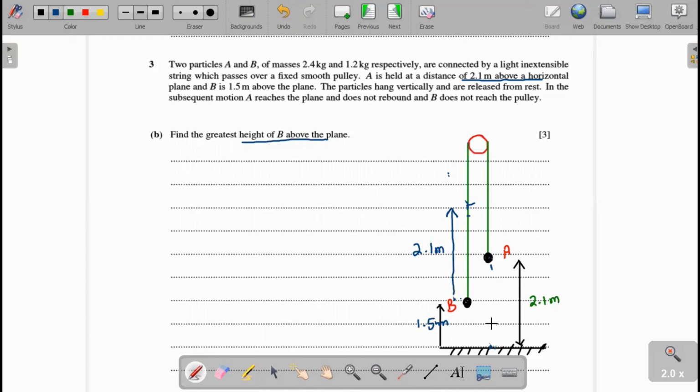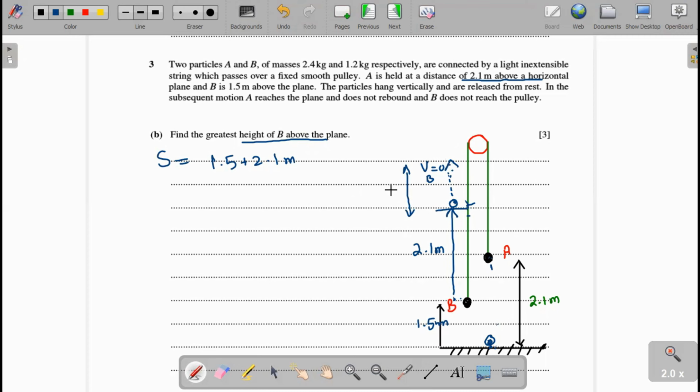And when particle A reaches this position, particle B moves vertically upward with some velocity and reaches the position where its velocity becomes zero. Now, therefore, the total distance it covers in the upward direction is 1.5 meters plus 2.1 meters, and that is the distance covered from this position to that position where its velocity becomes zero.